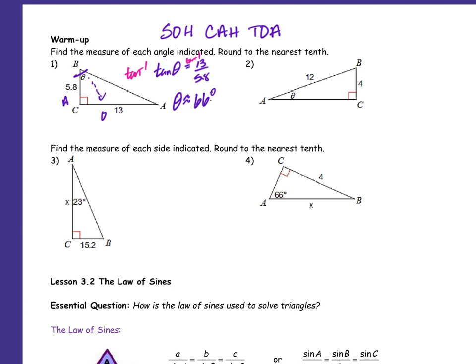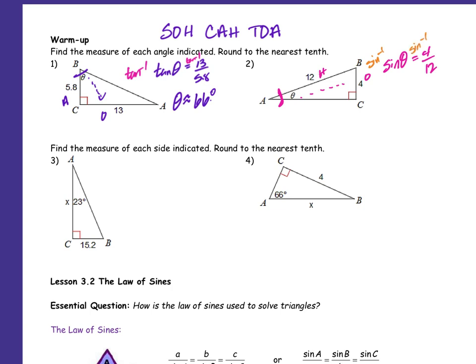So the next one, I'm looking at angle A, and I have the side opposite, and I have the hypotenuse, which means that is sine. So sine of theta equals 4 over 12. And I don't want sine of theta, I want just theta. So how do I get rid of sine? I do sine inverse.